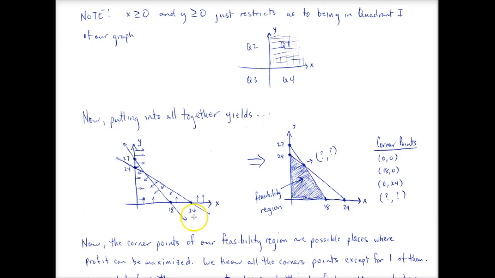So if we combine all that information together, this is what it's going to look like. And I'm going to add in the actual line x is equal to 15. So I'll do that here. And so now, of course, this is going this way.